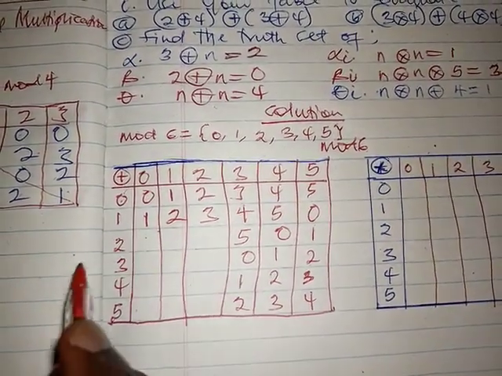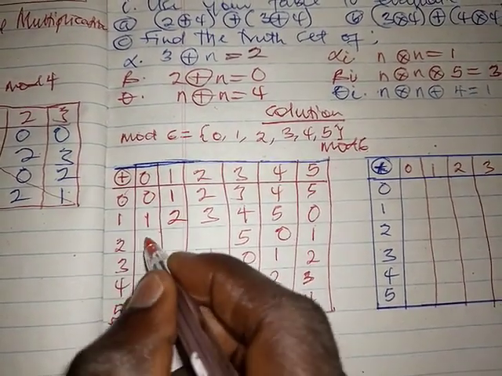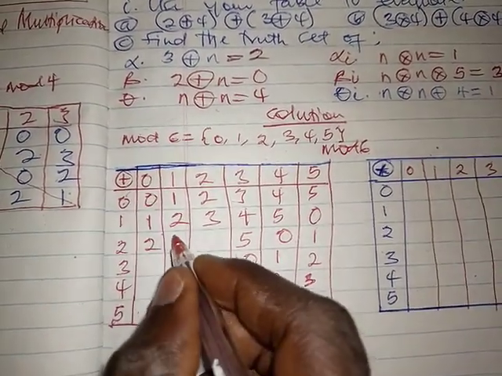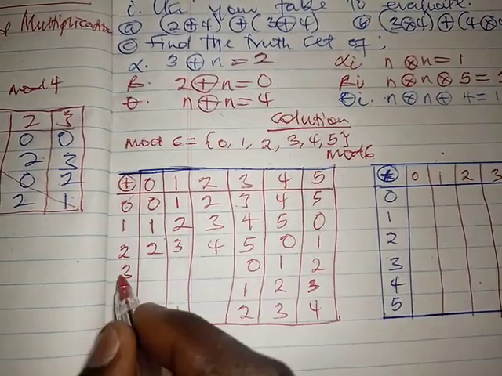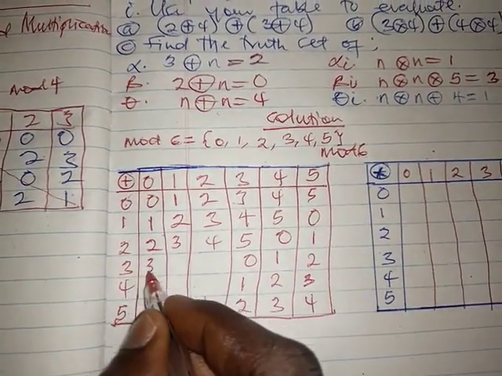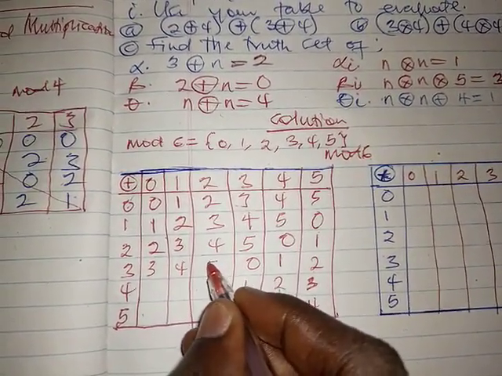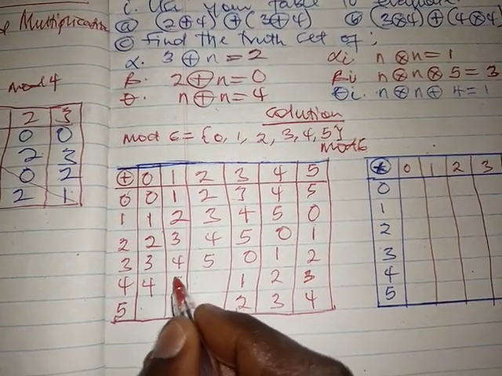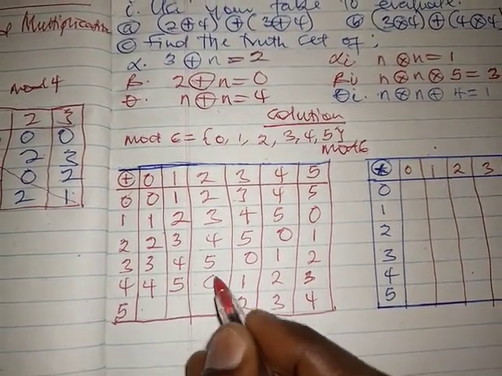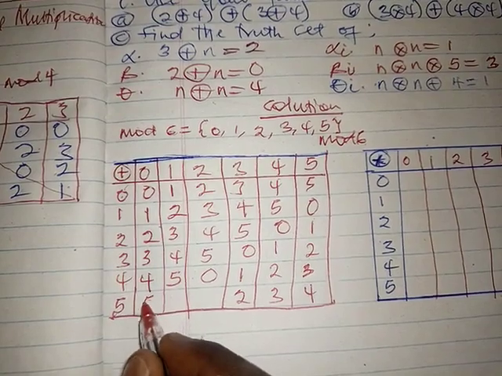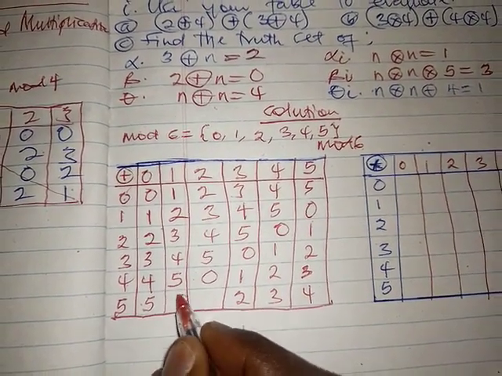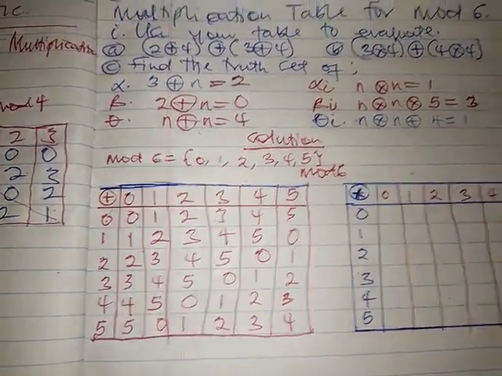From here we have 2, 3, we have 4, and we have 3, 4, we have 5, and we have 4, 5, and we have 0, and we have 5, 0, and 1.